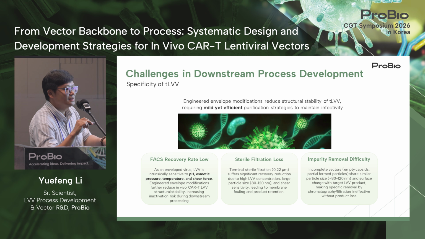During this process, we will also lose some product. And the last one is impurity. This is because the vesicles produced by 293T cells, along with LVVs, normally have the same size as tLVVs, so it's difficult to completely remove them. All these are the challenges for downstream process.